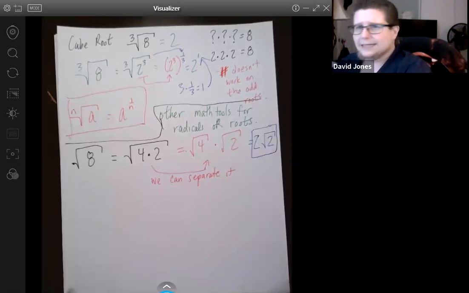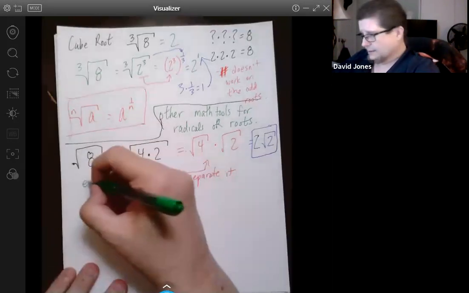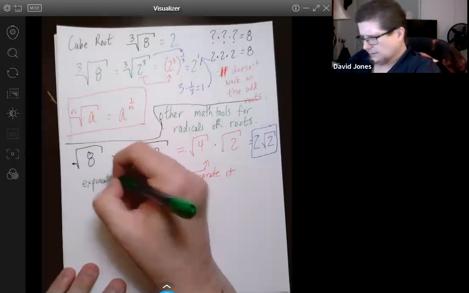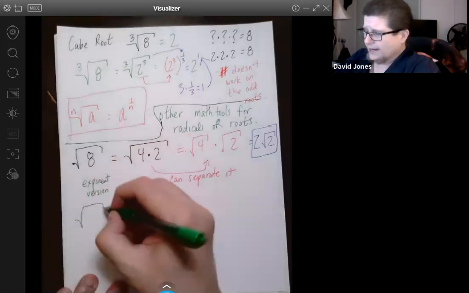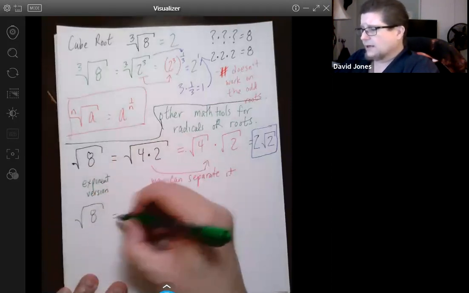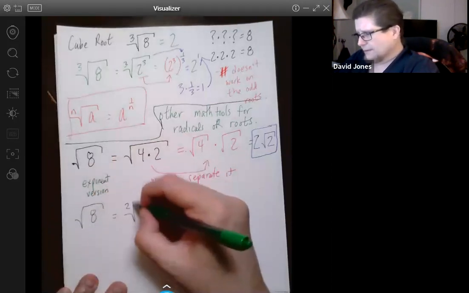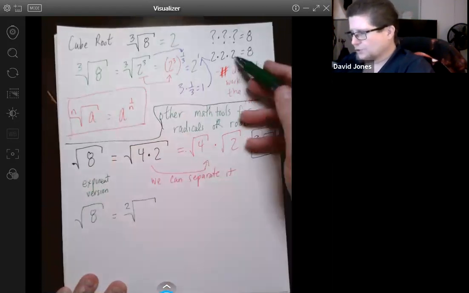If I look at this in exponents, check out what happens. The exponent version. Square root of 8. I'm going to rewrite that 8. We just showed that 8 was 2 cubed.